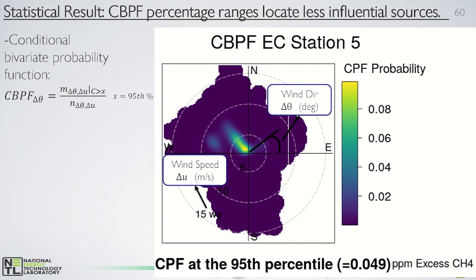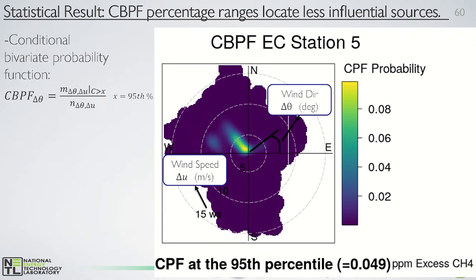Then, the 95th percentile for all concentration values is calculated. The conditional probability is then calculated as the probability that a concentration value will be above the 95th percentile threshold given the condition of its wind speed and direction bin.